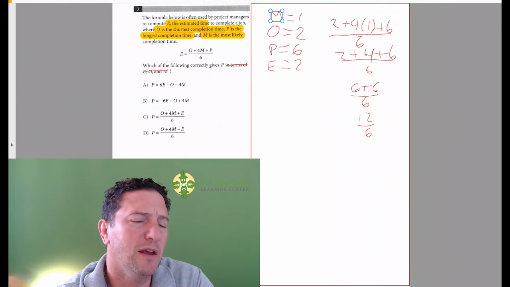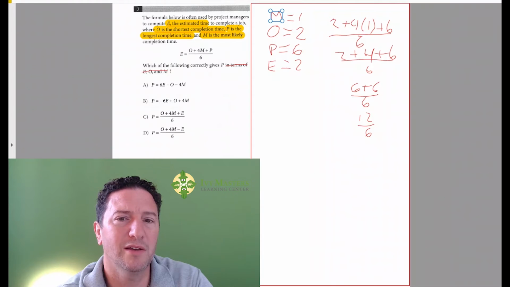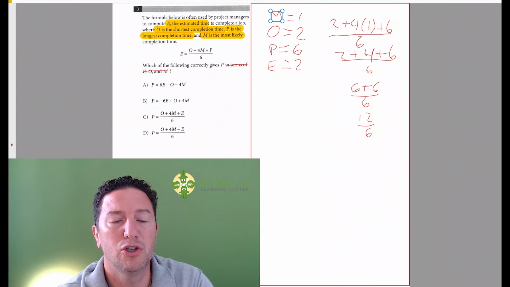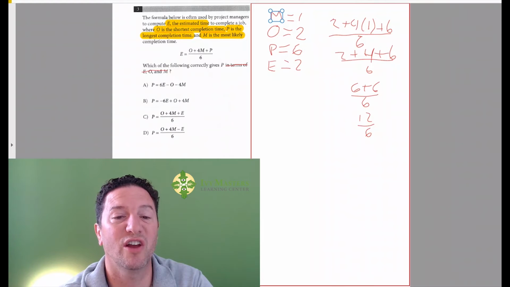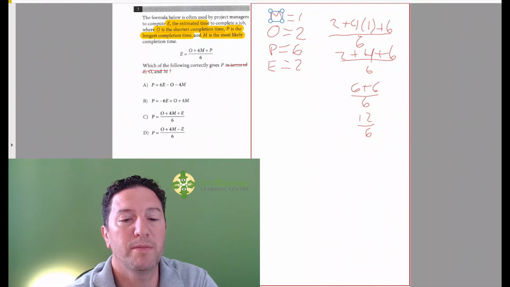So now, how am I going to know which of these answer choices are correct? All I'm going to do is plug in 1 for M, 2 for O, 6 for P, and 2 for E into each answer choice, and eliminate anything that just doesn't work out. So if I'm testing answer choice A, in place of my P I put 6 equals 6 times, in place of E I put 2, minus O, in place of O I put 2 because that's what I picked for these numbers, minus 4 times M, and in place of M I put 1.